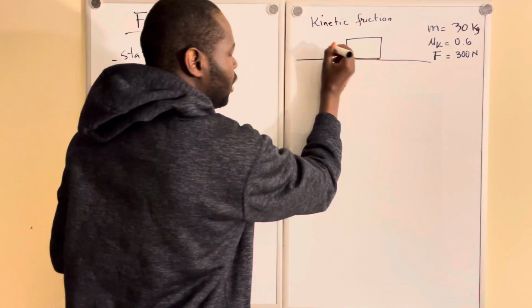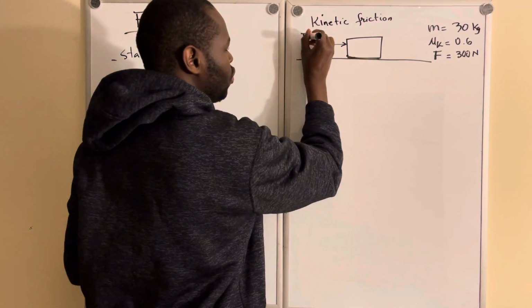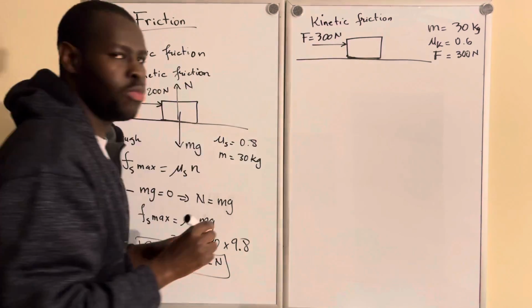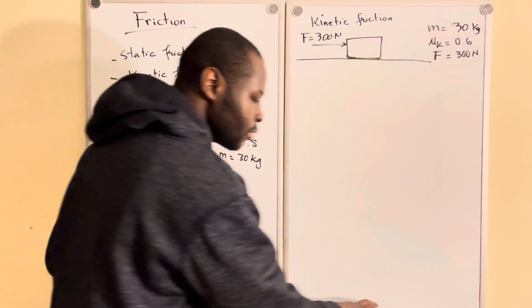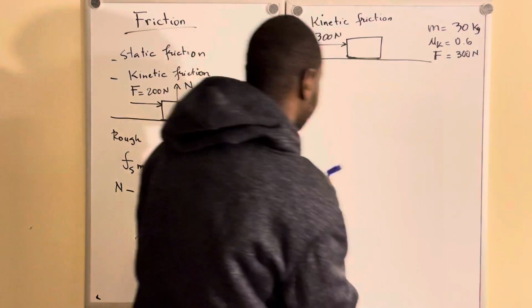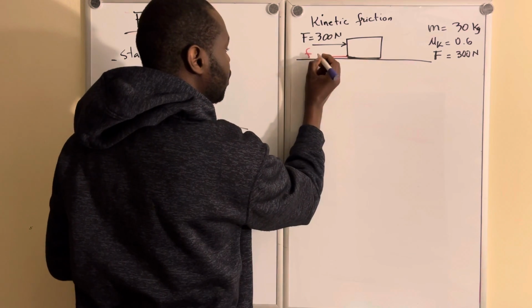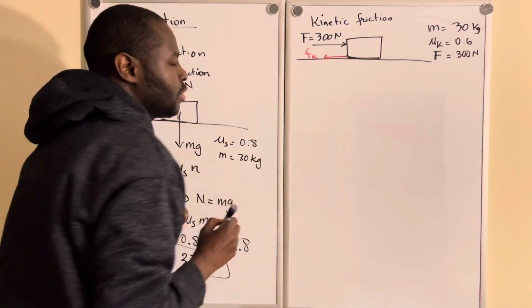So now our applied force is moving to the right, so F equals 300 newtons. Since we are moving to the right, we know that the friction will be moving to the left. So our kinetic friction will be moving to the left, right?